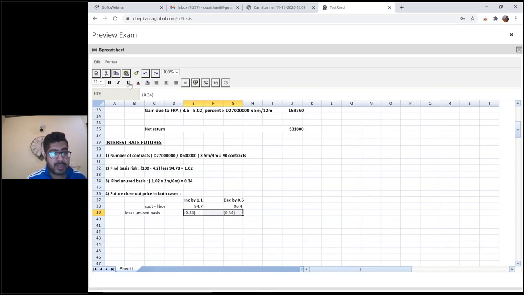So spot minus LIBOR less unused basis, you get the future closeout price in both cases: 94.36 and 96.06.